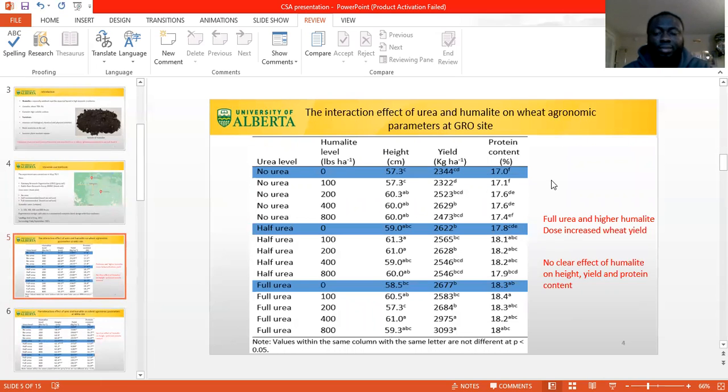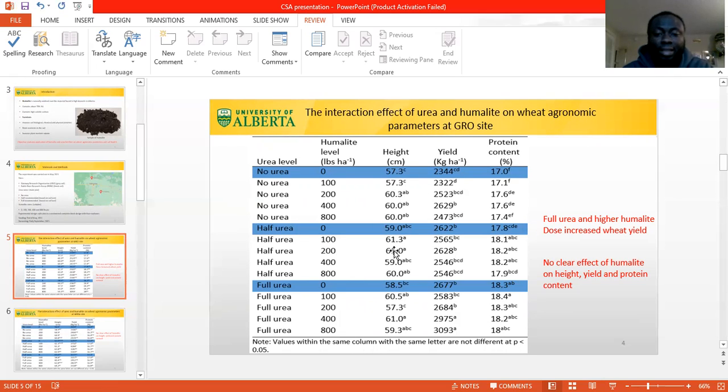These are the results at the GROW site on height, yield, and protein content. And as you can see, there were significant differences in the treatments in height, yield, and protein.